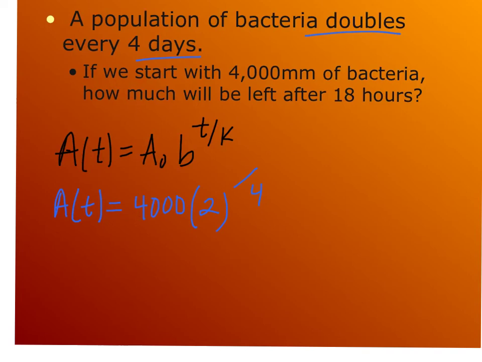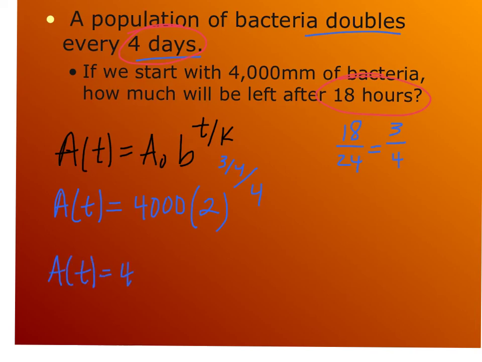So t in this case, it's asking us for 18 hours, but we'll notice already that we have a problem with units. 4 days and 18 hours are in different units. So as we try to figure that out, I'm going to convert 18 hours to days, so that's 3/4 of a day. So this is really going to be 3/4 over 4. If you're careful with parentheses, you could enter that into your calculator.